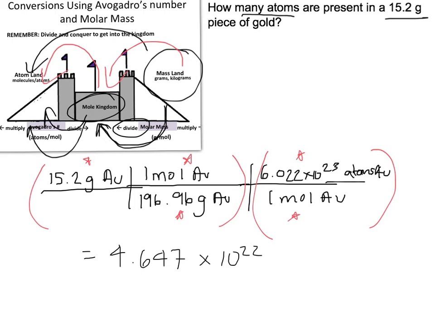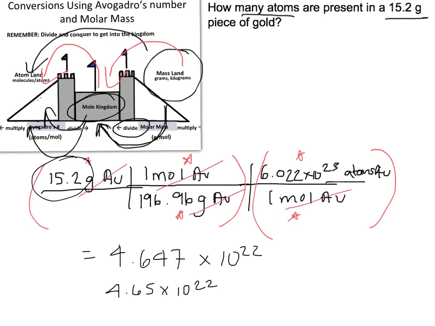Okay, now if we account for significant figures, we notice that our smallest number of sig figs is coming from our given, which is 3 sig figs. All right, so we're going to end up with 4.65 times 10 to the 22nd as our numerical answer. Now, we also need to do a dimensional analysis in order to figure out the units of our answer. So grams of AU and grams of AU are going to cancel.